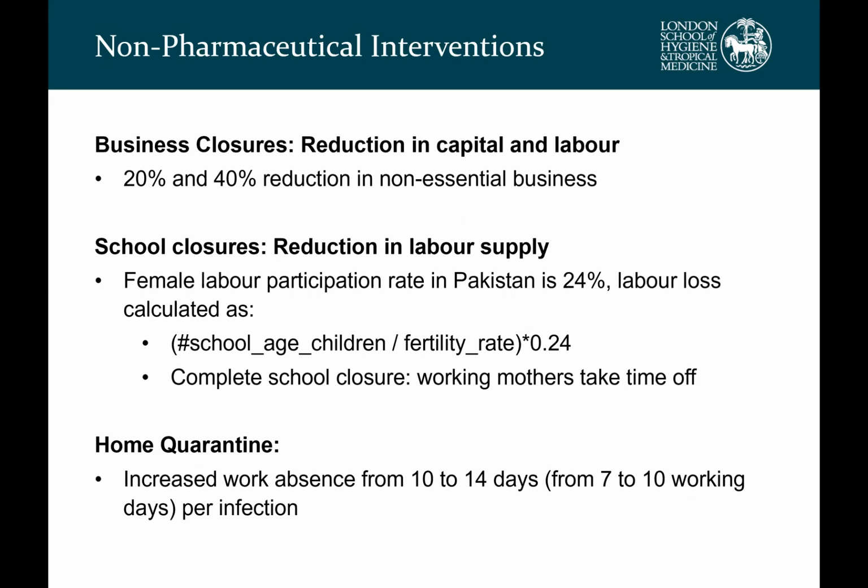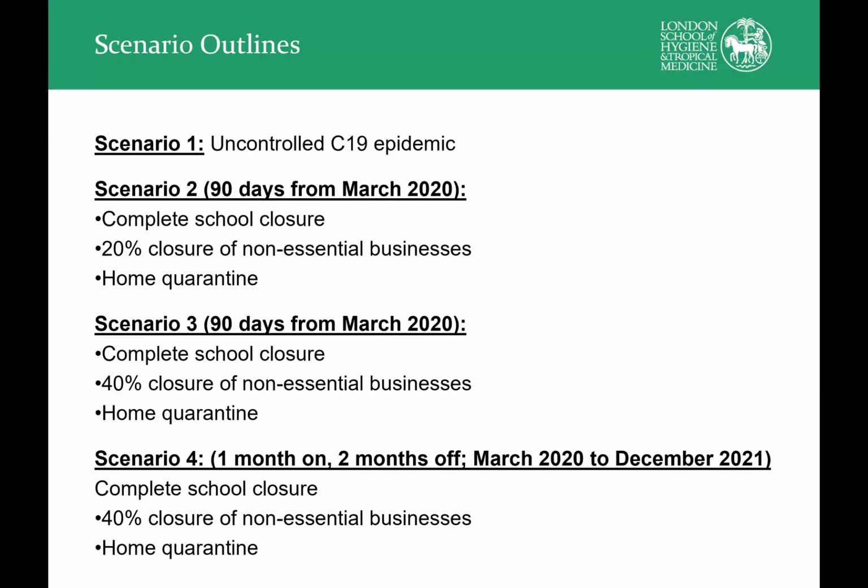For school closures, we estimate based on the fertility rate, the number of households who have working mothers with dependent children, and we assume that if they are employed, 24% female labour participation in Pakistan is used for that, then they will take time off work because of school closures. Home quarantine increases work absence from 10 to 14 days or 7 to 10 working days per infection. So those are the lockdown measures.